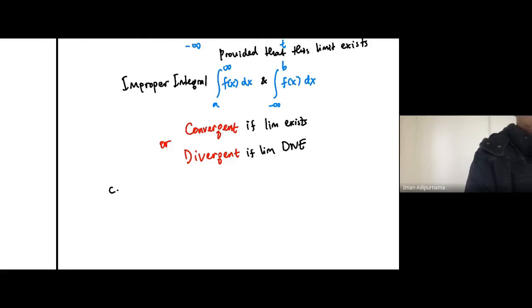Then I think I can write the third case.